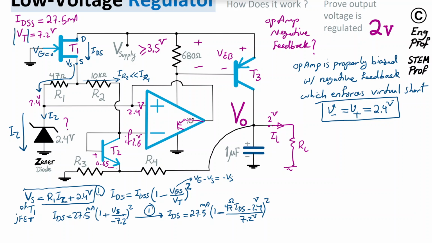If we just solve this, given that the only unknown we have is IDS, we can solve it. It's a second order equation. So basically we just solve that, and the answer turned out to be, I'm going to write it here, IDS is roughly 10 milliamp.